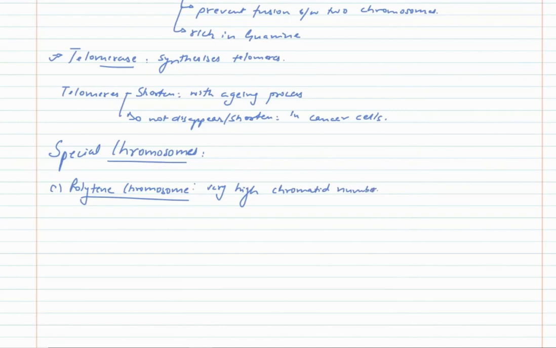Swollen areas present at some places in polytene chromosomes are called as Balbiani rings or puffs.